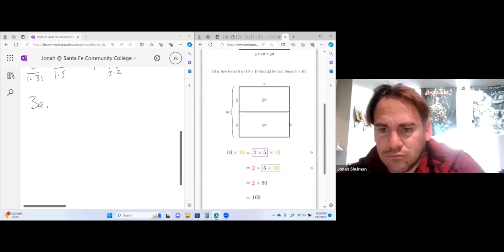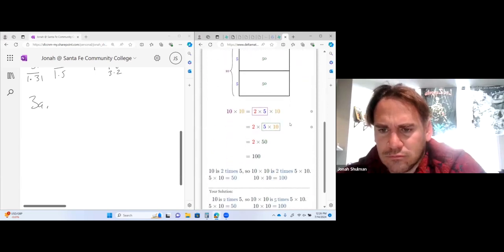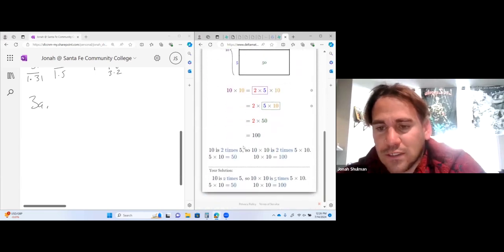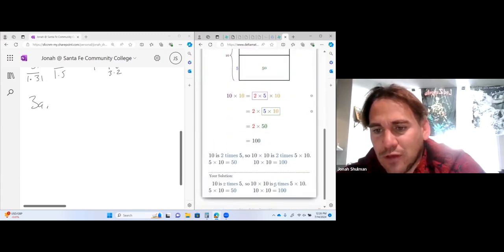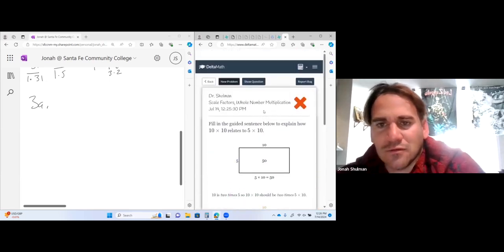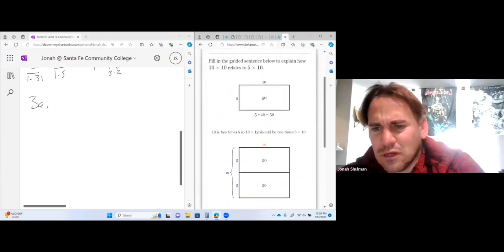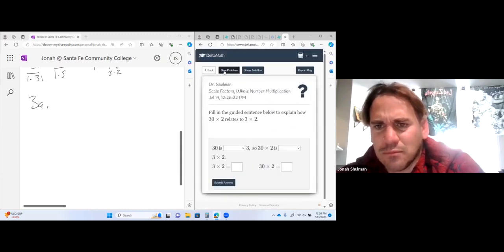No. Oh, 10 is 2 times 5. Oh, okay, I see it. That was my mistake because I put a 5 here. So 10 is 2 times 5, so 10 times 10 is 2 times that. Great question. I like the picture. Sorry, let's do a new problem.